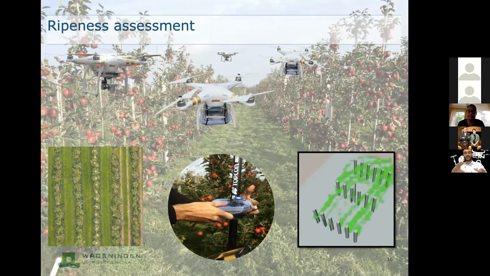UAV imagery with olfaction. In order to achieve that, we have developed a simulator of the gas that is emitted by the apples when they are ripe. That gas, that chemical compound, is called ethylene. When our fruits reach a mature age and are ready to be harvested, they emit high concentrations of ethylene.